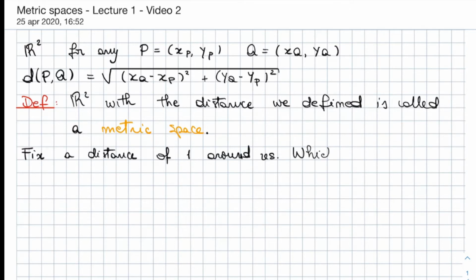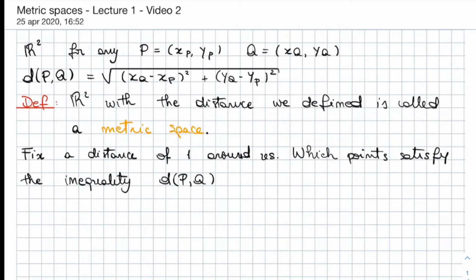Which points satisfy the inequality d(P,Q) smaller than 1, where P equals (0,0), for example, is our position?